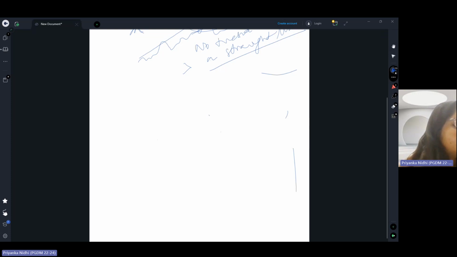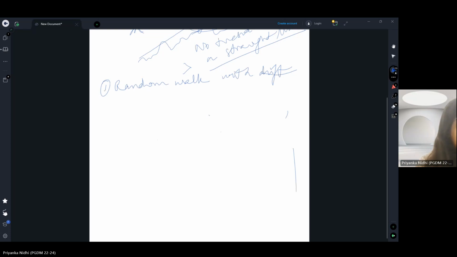So next, let's understand what are the forecasting methods that are involved. So first method in time series is random walk, random walk with drift. So here in this we use log function, to convert into logarithmic scale from multiplicative to additive.